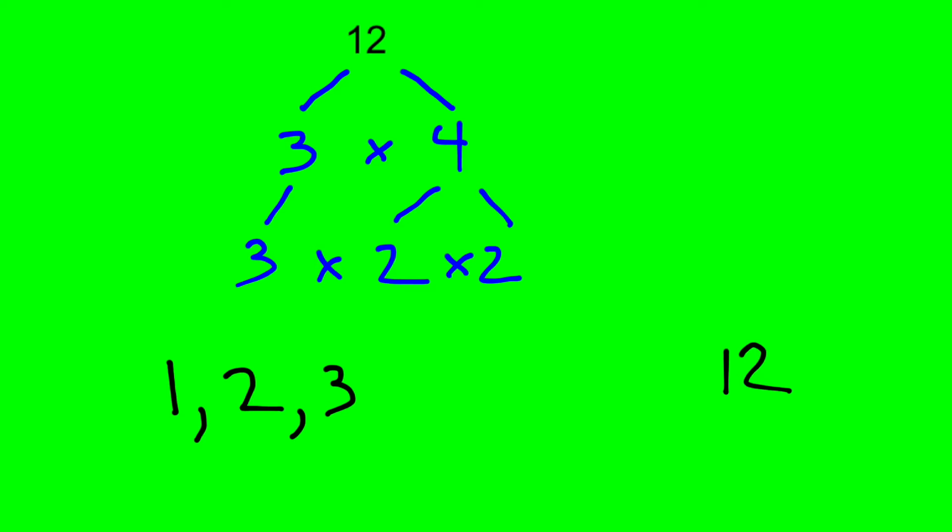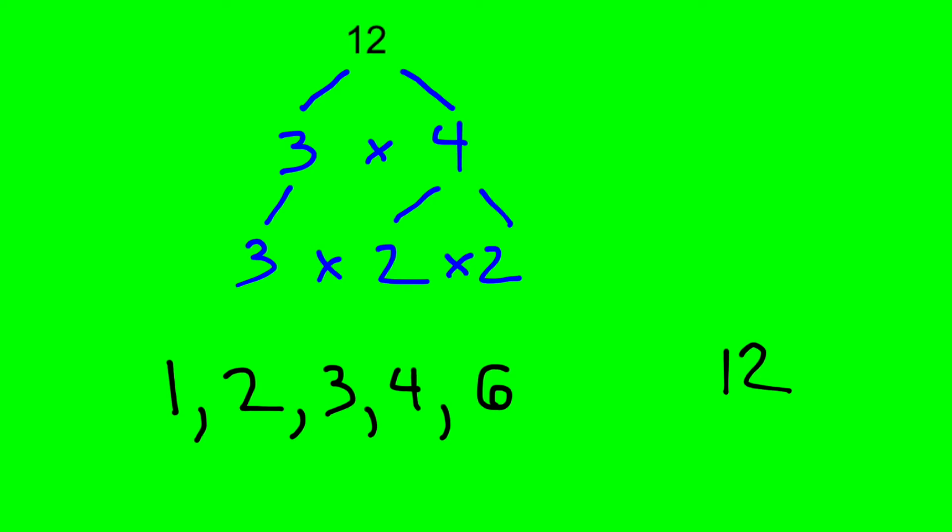Now let's look at the pairs of multiplications we can make. 2 times 2 gives us the factor 4. And then let's look at a different pair: 3 times 2 gives us the factor 6.